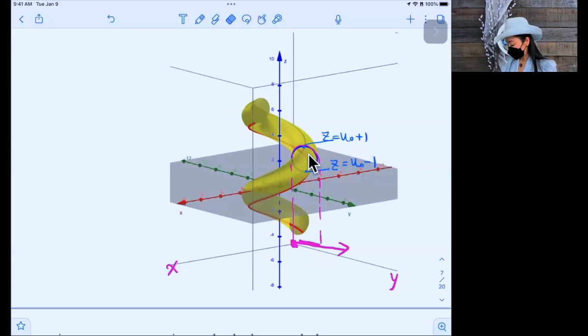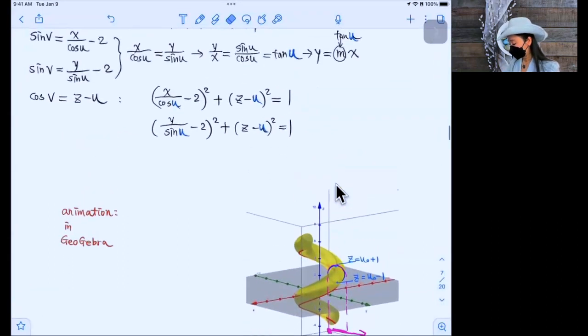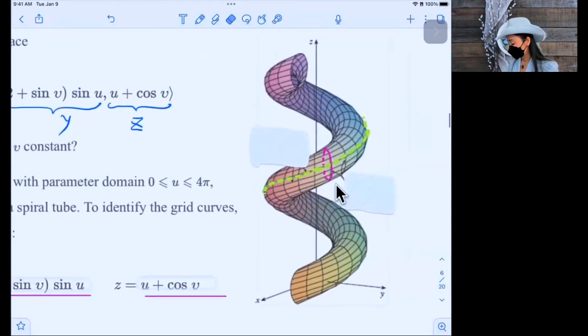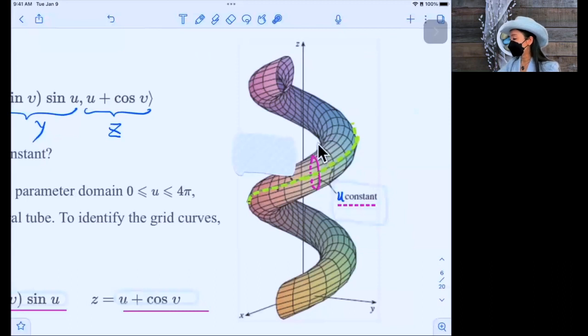So when you keep the U constant, you get the circle. Going back to this one over here, when you keep the U constant, you get those circles, and imagine those circles going down the tube. For different U, we have different circles going up and down the tube.